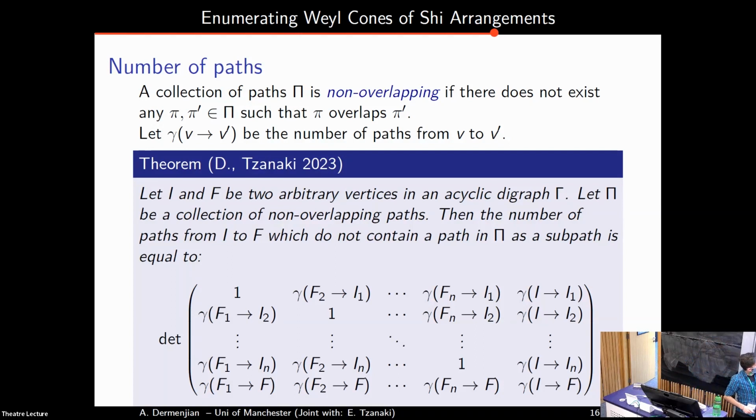And here, I forgot to mention, F is going to be the final vertex of your path, and I is the initial vertex of that path. So in other words, we don't really care about where the paths are, we just care about the final and the beginning part of that path. Oh, and I forgot to say it should also be acyclic.